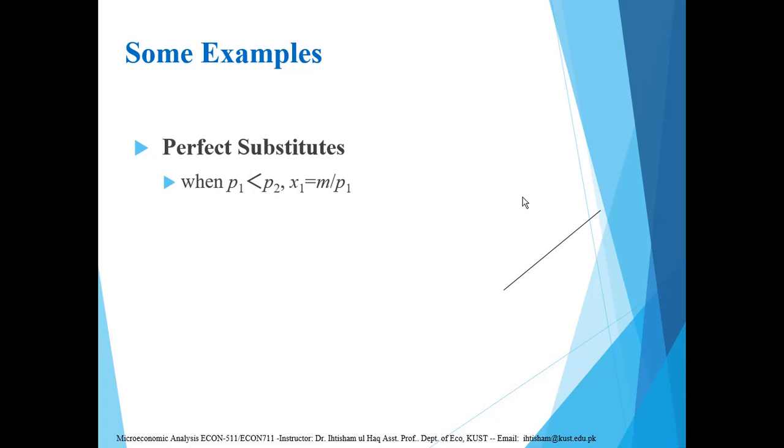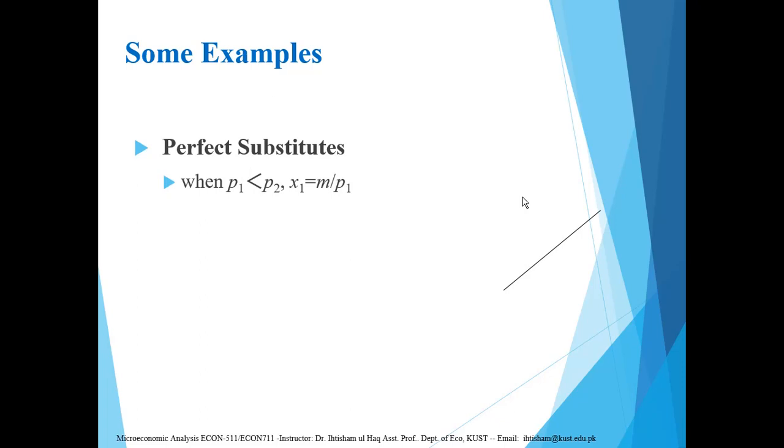In the case of perfect substitute goods, two goods may be perfect substitutes if they give the same level of satisfaction. It means our consumer is not interested in either particular good, he is interested in how many units he is going to consume.